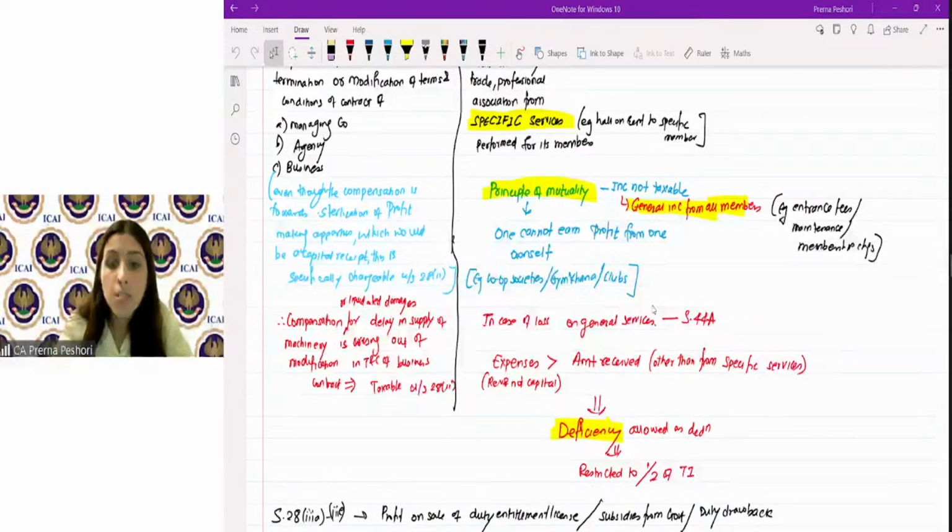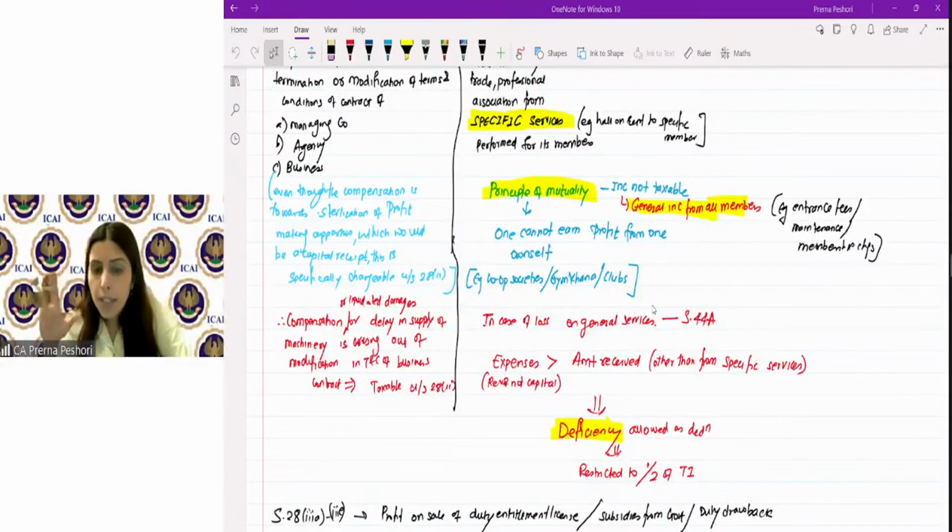So the maximum limit is 50%. And this can be set off against any other head of income. Okay. So this can be set off against any other head of income. Are we clear?